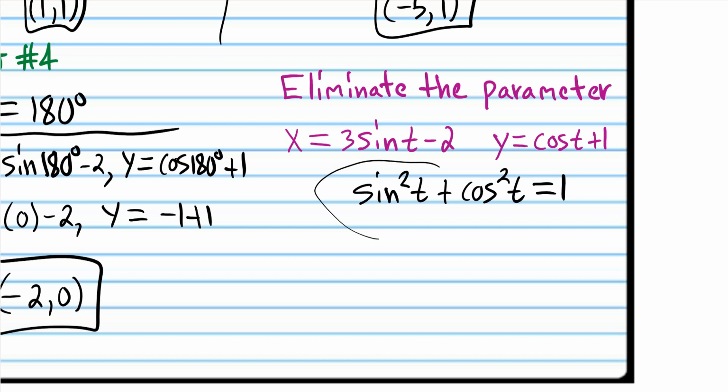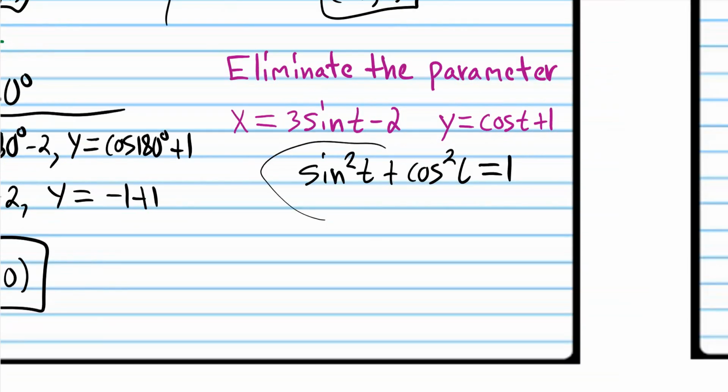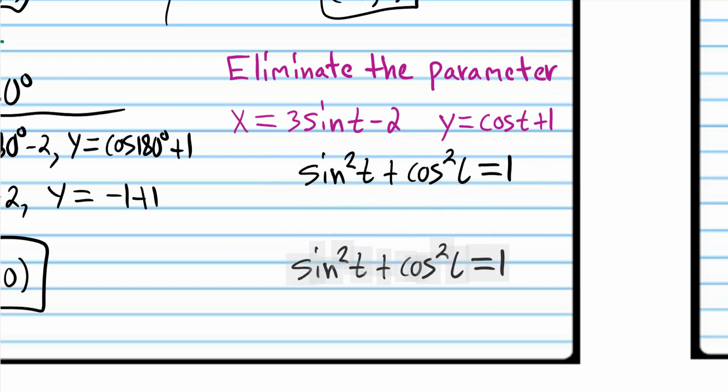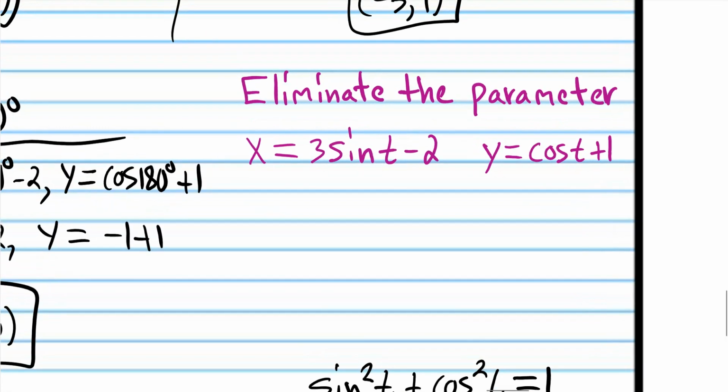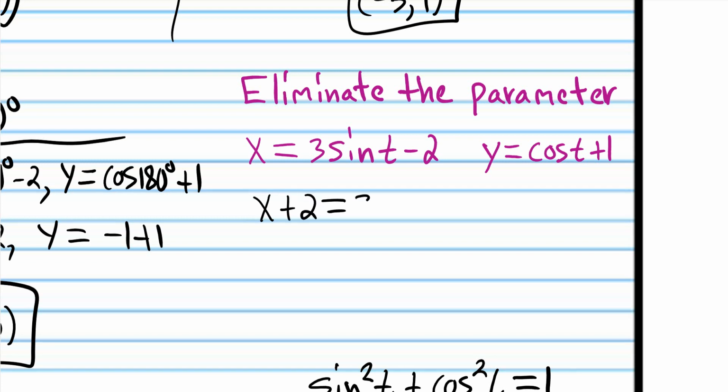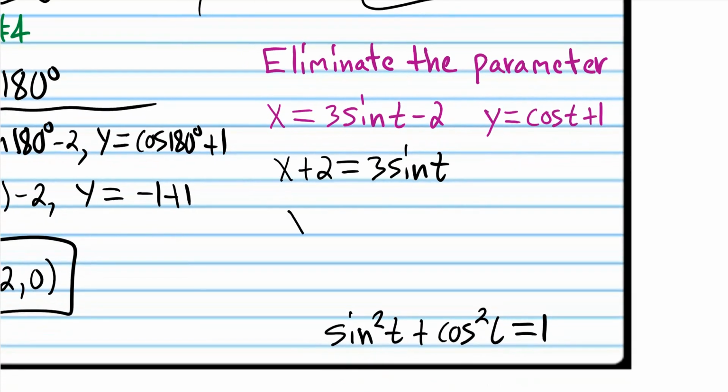But it's going to be a little bit more involved when it comes to eliminating the parameter in this particular problem. We're going to have to solve for sine t first. So I'm going to add 2 to both sides, and then I'm going to divide both sides by 3.